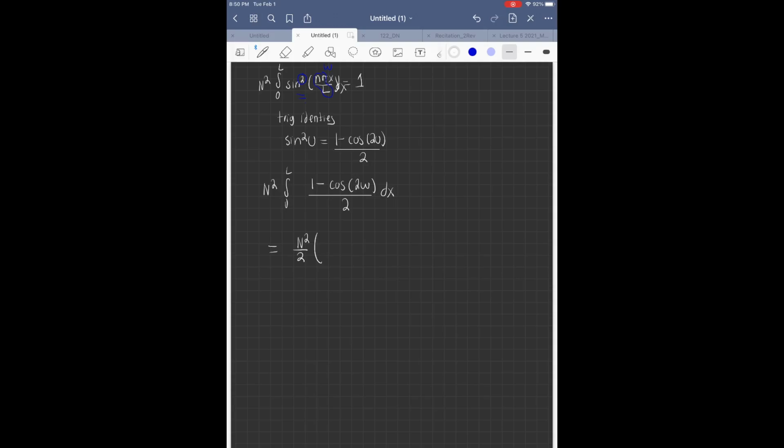And this is x minus, the integral of cosine would be minus sine of 2w, and this would be a boundary from 0 to L. So knowing that, I can plug the w back in.